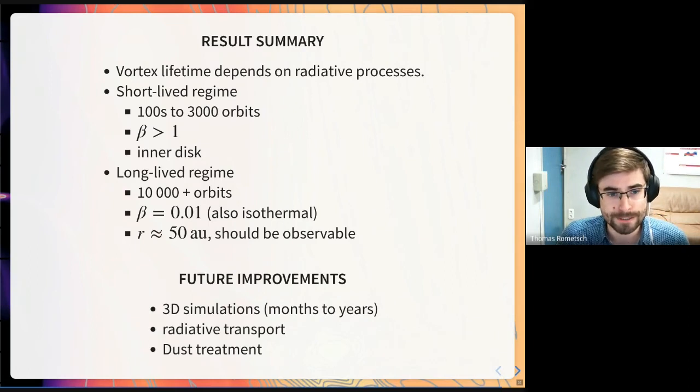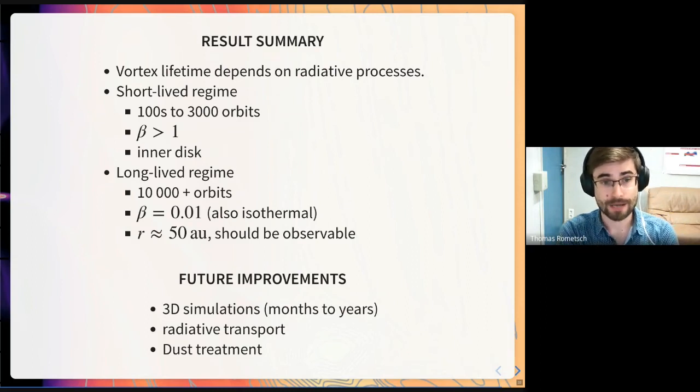These vortices are not only decayed by viscosity, but they are also unstable in some configurations. Namely, the most important is the elliptical instability, but we really need 3D structure for that. And for the whole regime here, vortices are susceptible to this elliptical instability. But these simulations take months to years.